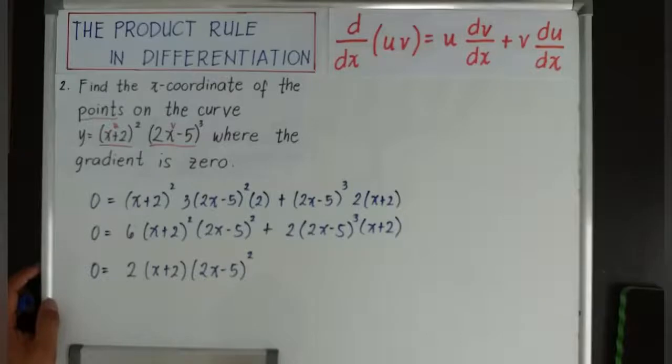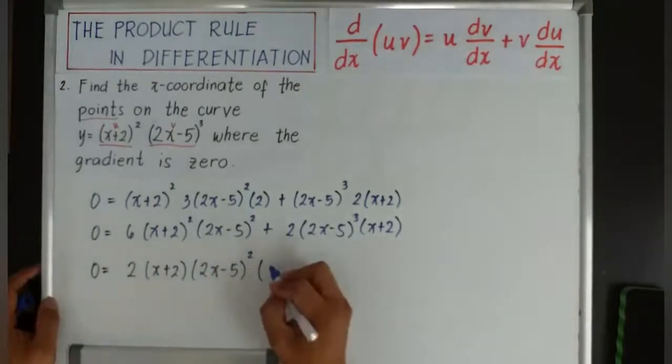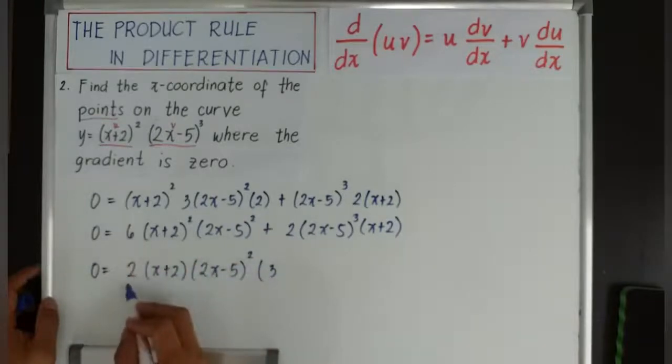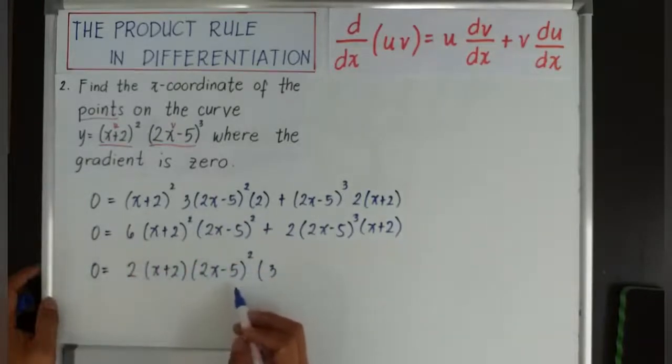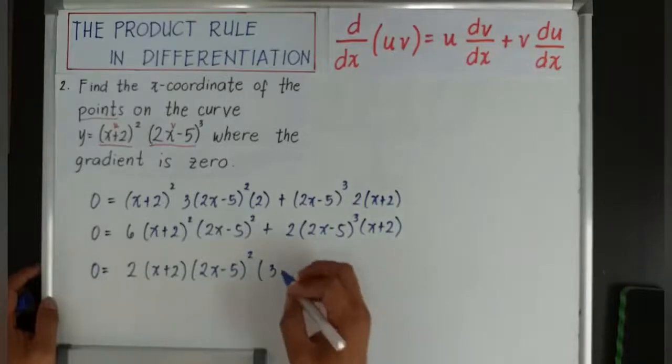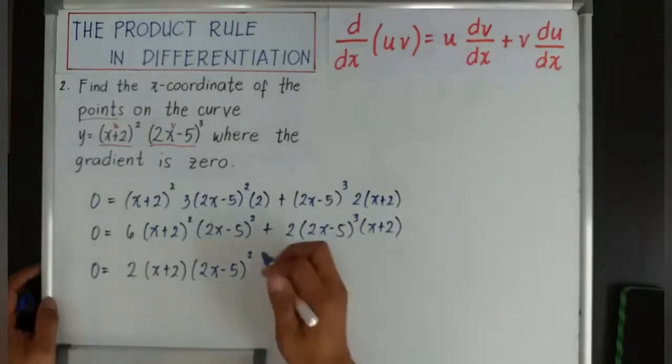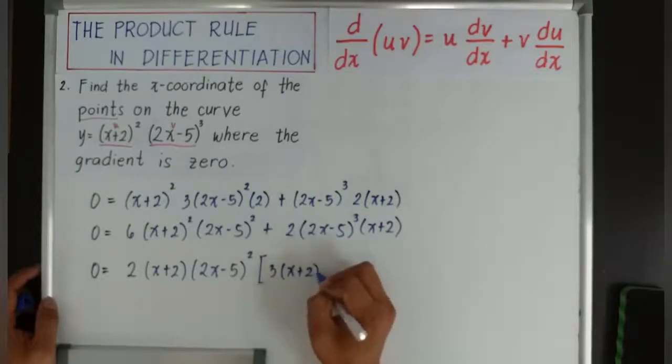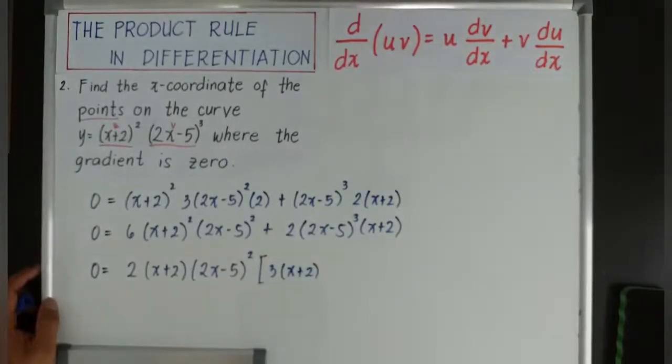Okay, next, what is the other factor? Okay, so I can divide this one now. It will become 3. This one divided by the common monomial factor will become 3 times x plus 2. Okay, next, plus 2 divided by 2, nothing.